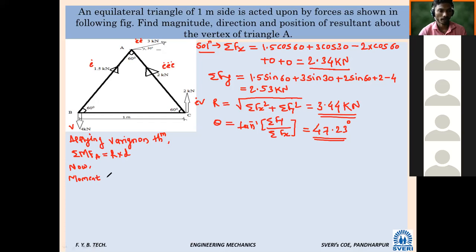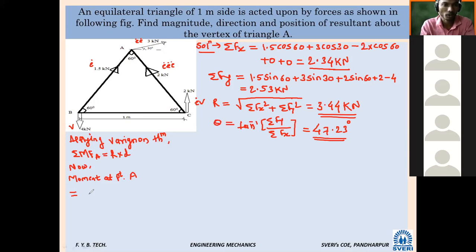Moment at point A equal to. Now each and every force you have to consider while calculating moment at point A. Force number 1, 1.5 kilonewton force. I have told you, if a force is inclined, effect due to both its components you have to consider.